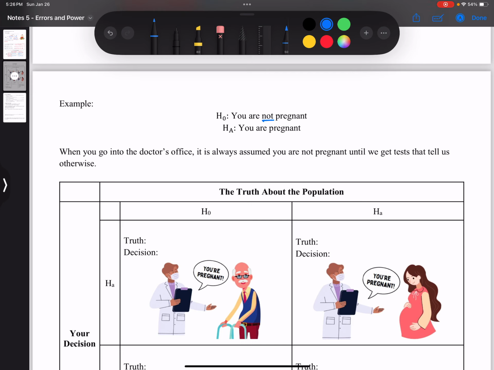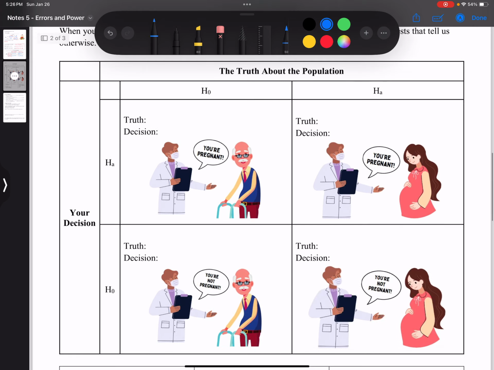So when they go to a doctor's office, it's always assumed that you're not pregnant until you get tests that tell us otherwise. So here's our four situations. In the top left box, the truth is that you are not pregnant.